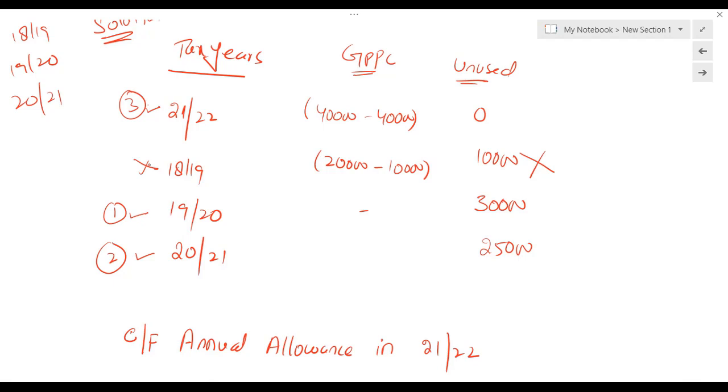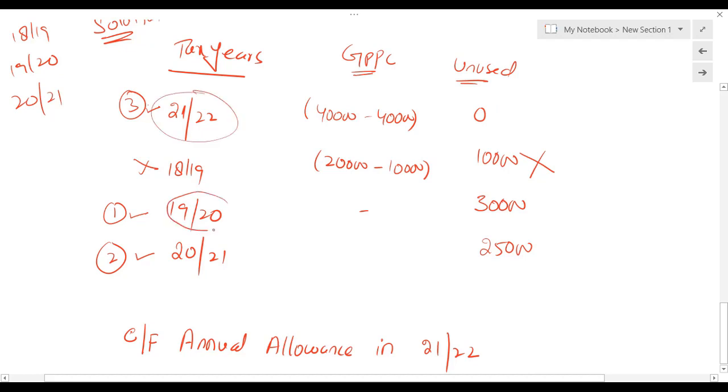Because unused limit of 18-19 can obviously be brought forward for 21-22, but it cannot come in carry forward of 21-22, because I can carry forward a maximum of unused limit of 3 tax years. So in 21-22, even though I don't have unused limit, this tax year is countable.